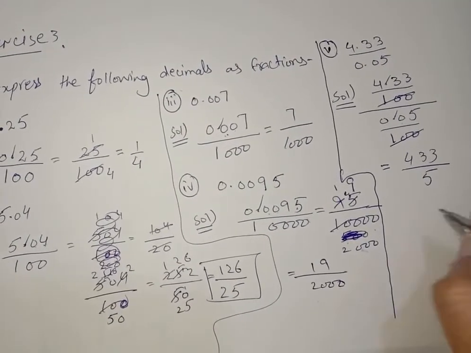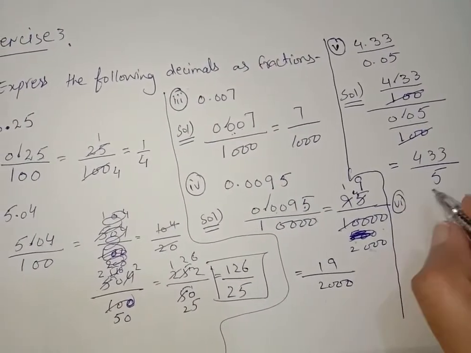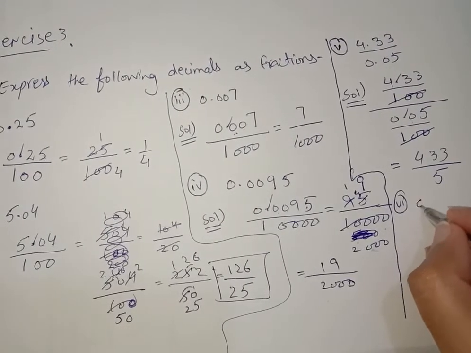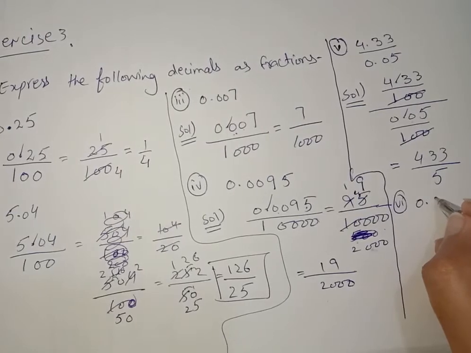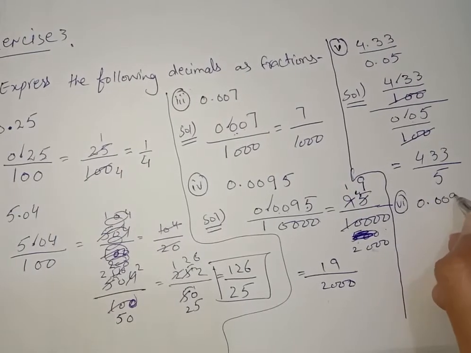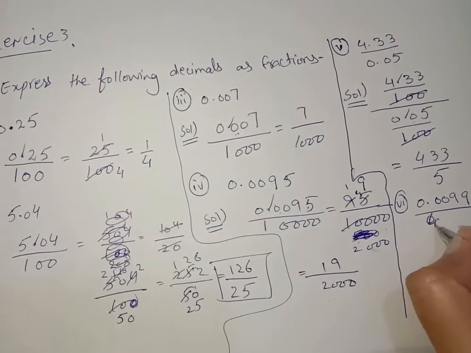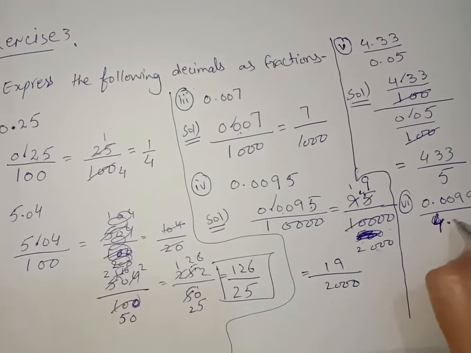Now move towards its part number 6, which is 0.0099 divided by 4.95.